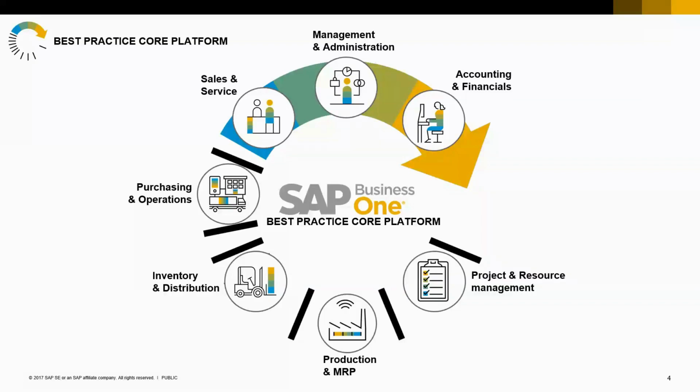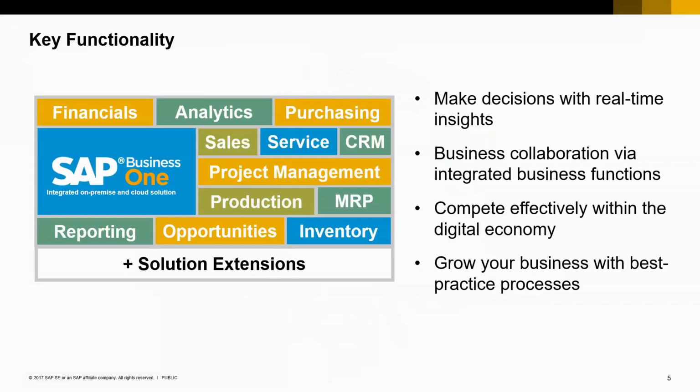Using SAP as a unified view allows you to get real-time information across all business units, making you more collaborative with the different departments, more efficient in the way that you handle data, and most importantly, how you're able to analyze the data or generate accurate reports quickly and efficiently.